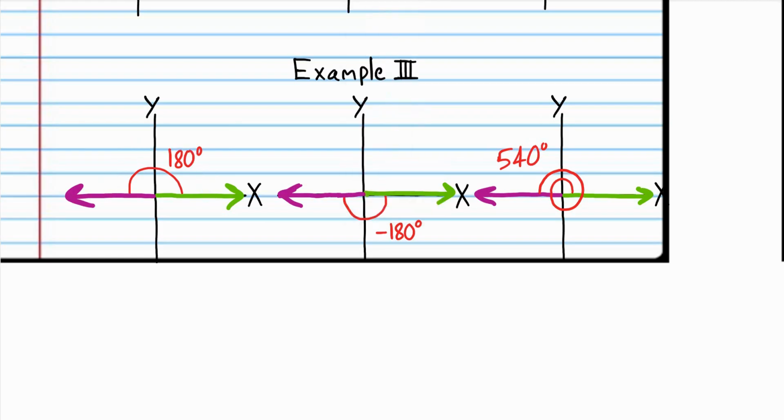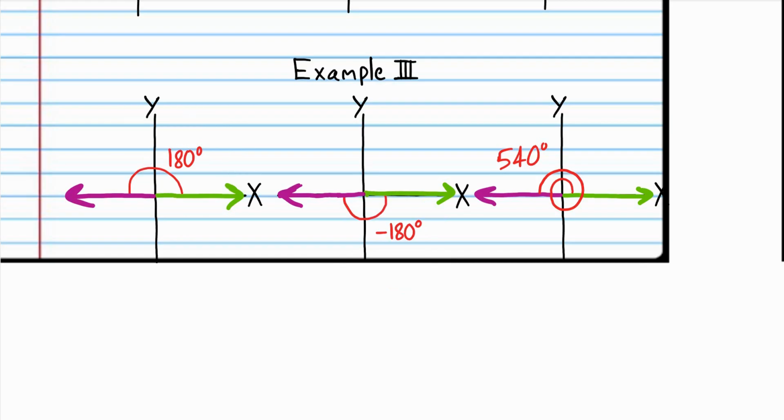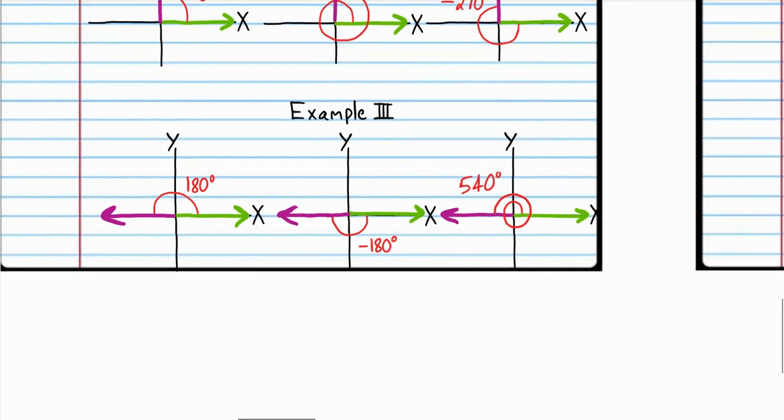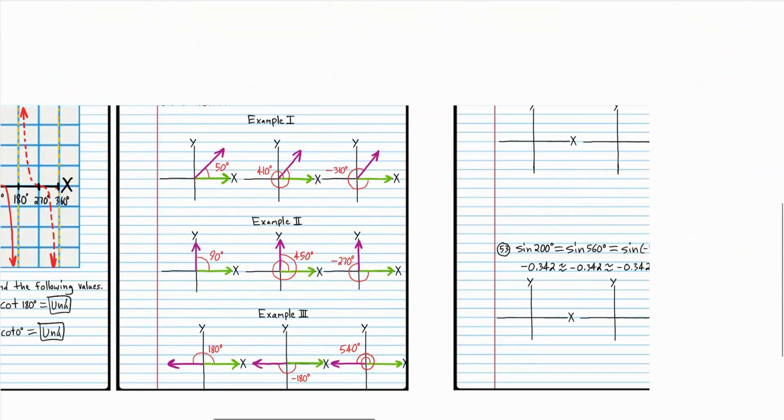But if you rotate negative 180, meaning clockwise, again, your terminal side is going to the left on the x-axis, so it's a coterminal angle. These are both coterminal angles. But if you rotate 180 degrees and then rotate 360 more degrees, 360 plus 180 is 540. But again, your terminal side is still at the same position on the x-axis going to the left. So those are coterminal angles.